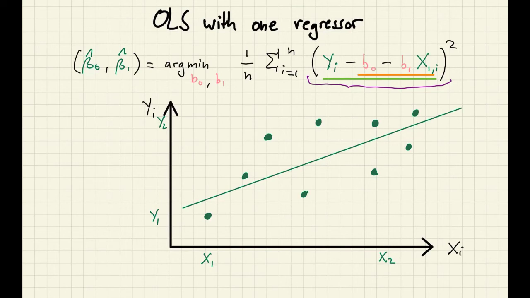The reason why this is happening is that the square here in the criterion is convex, and that means that it penalizes large distances more than it does small distances. So it's better to have many small distances rather than have some distances be exactly 0 at the cost of having some really large distances.